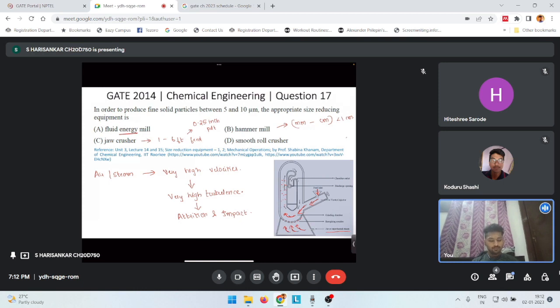And this will lead to very small particles, also called ultra fine particles, which are usually in the range of 5 to 20 micrometers. So the fluid energy mill is what we can use to produce fine solid particles between 5 and 10 micrometers. So the correct answer here is option A, fluid energy mill.